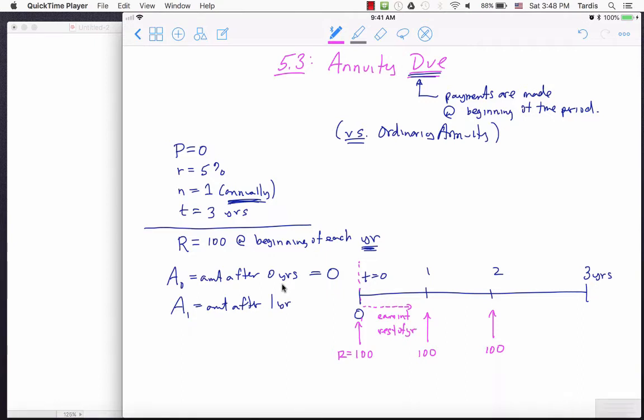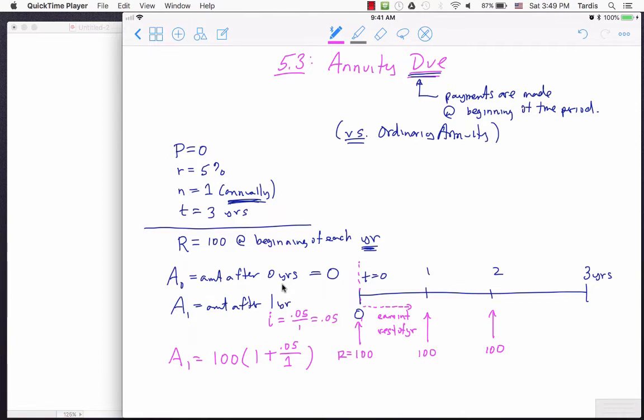Okay, so the amount after the first year is you're going to deposit your $100. That $100 will then earn interest of 5% over 1 year. So in this problem, the interest rate per period is 0.05 over 1, which is 0.05.